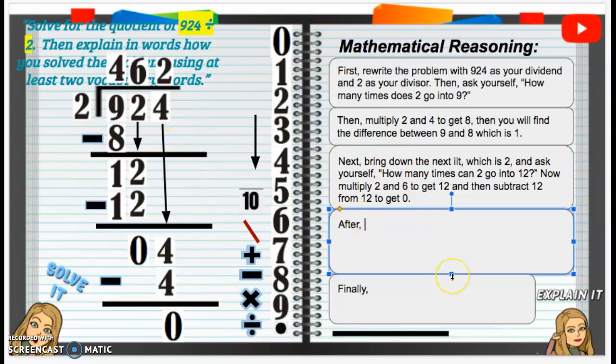So after, bring down the next digit, which is 4, and ask yourself, how many times does 2 go into 4?